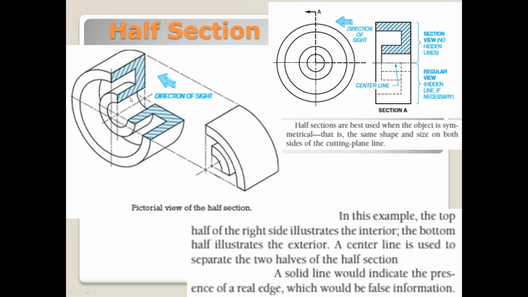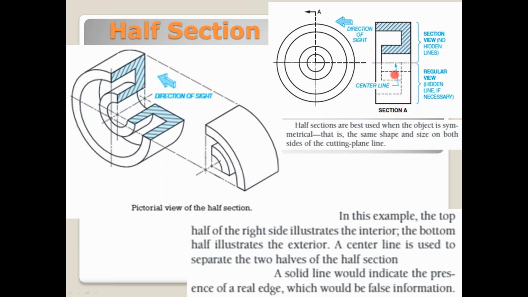As you can see from here, this is a good example of the isometric view of the half section. From the direction of the side, we're going to cut that little section here. If they're all the same kind of section, then you would just show that little portion here instead of showing the entire section.